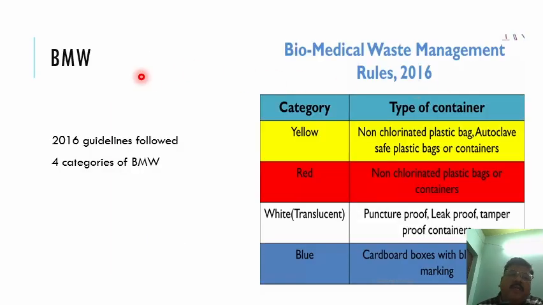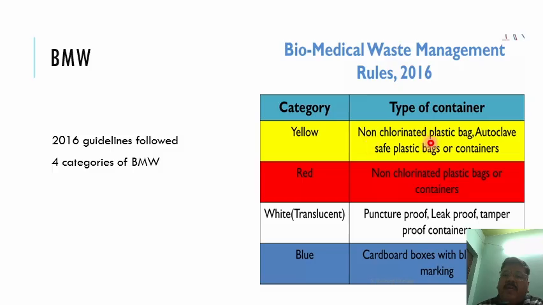Then an important aspect is biomedical waste guidelines. Biomedical waste management itself is another topic. Just briefly, which guidelines are followed? The 2016 guidelines are followed, and after that in 2018 and 2019 there was a minor amendment. As per the 2016 guidelines, there are four categories of biomedical waste.